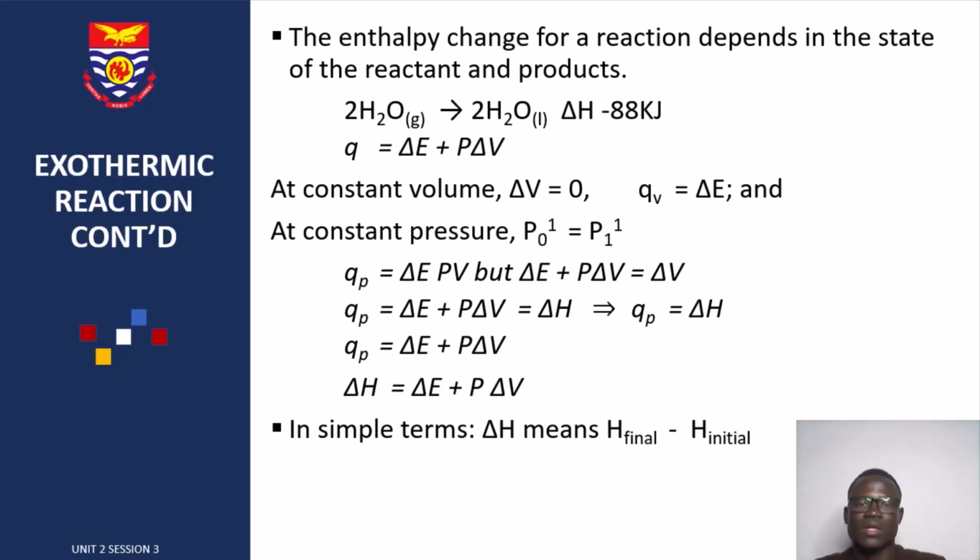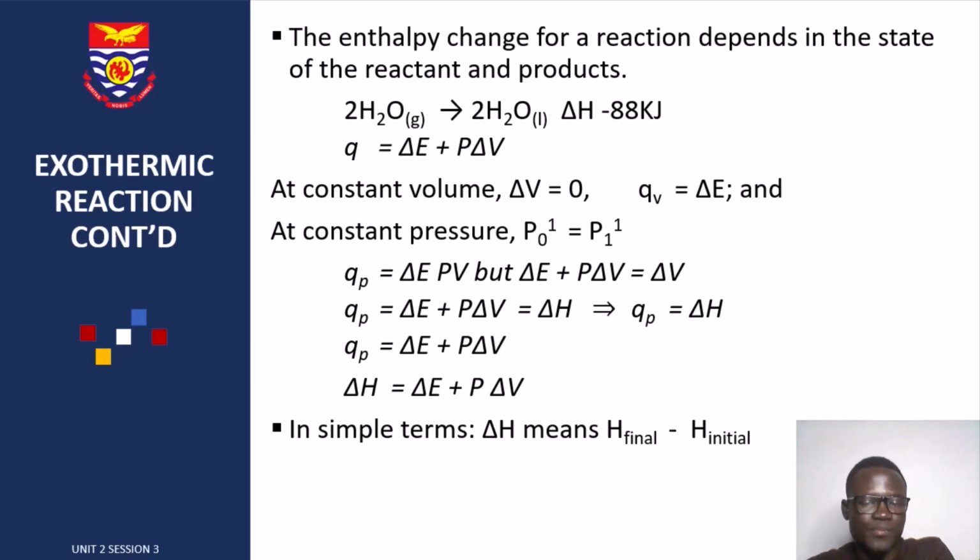So, at constant volume, the change in volume is equal to 0, which will make our quantity of heat equal to the change in internal energy. And at constant pressure, our change in volume would be 0, so our quantity of heat is equal to the change in internal energy plus the pressure times volume.